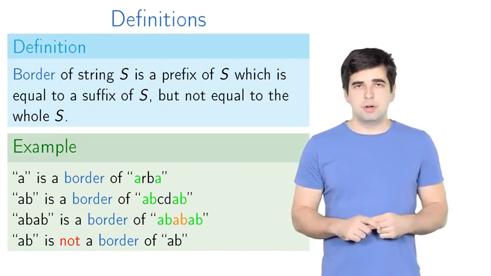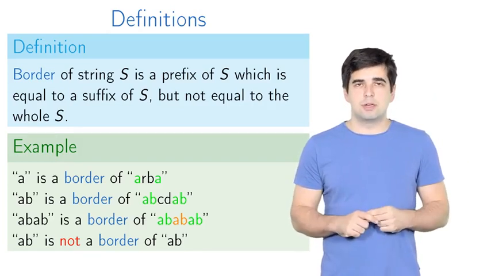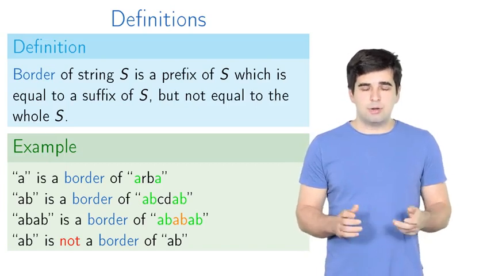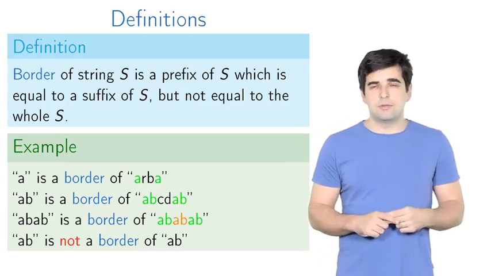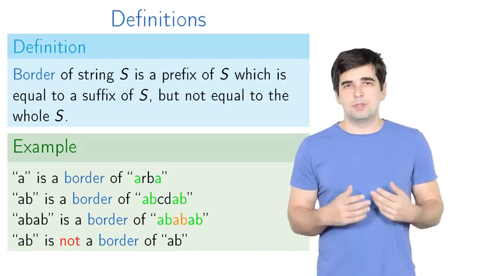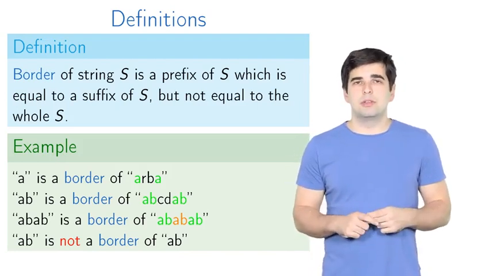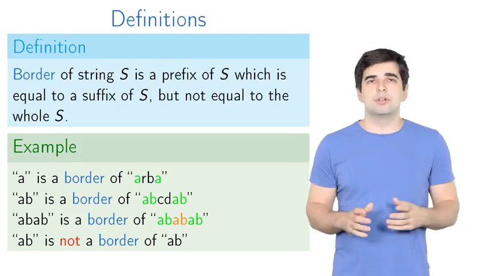But if we somehow preprocessed the pattern and knew that the prefix without the last character is not equal to the suffix without the first character, then we could just skip all this alignment with the first position in text at all. And the same is true about the next position of the pattern.